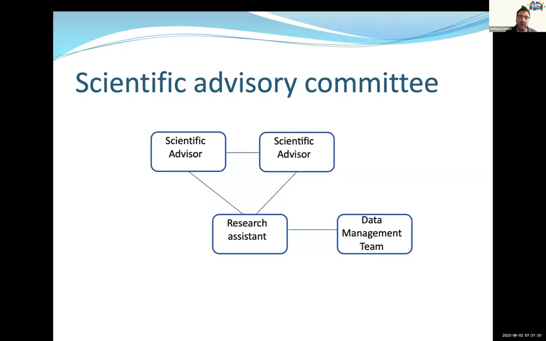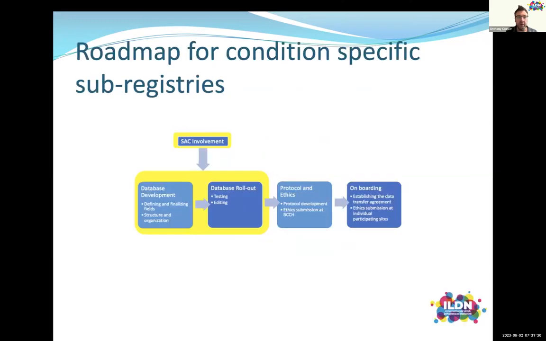Each of these scientific advisory committees is supported by a research assistant and a data management team in the back end. It's all driven by REDCap and all web-based data entry. We develop the databases, finalize the data fields, and create a structure and organization, which is led by the SAC, and then these are rolled out with testing and editing.